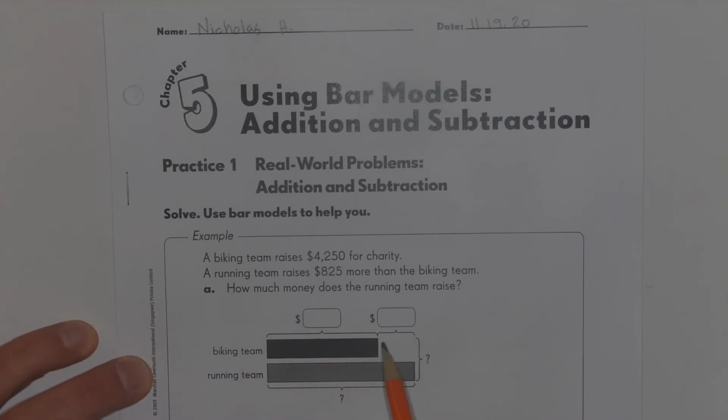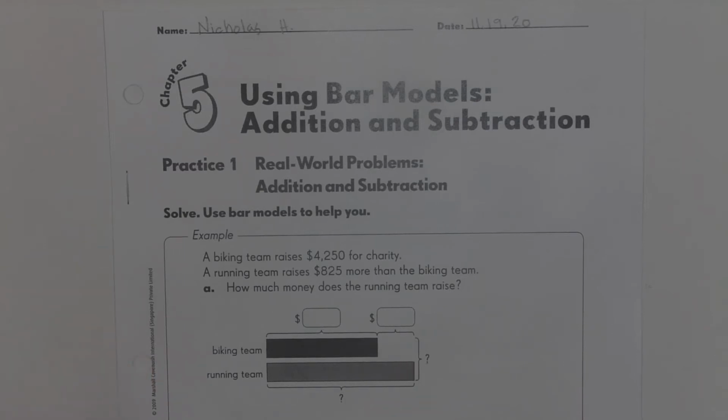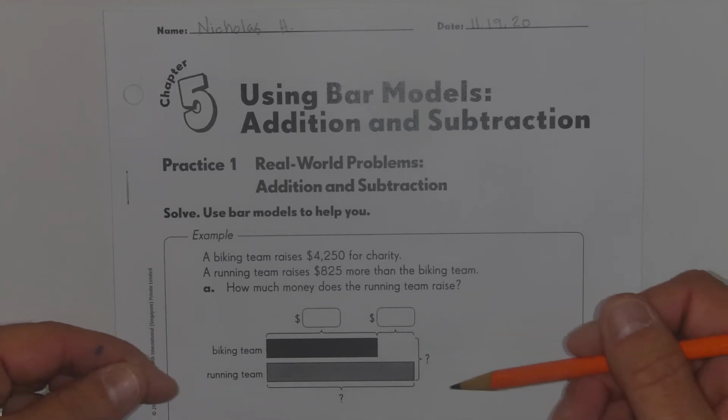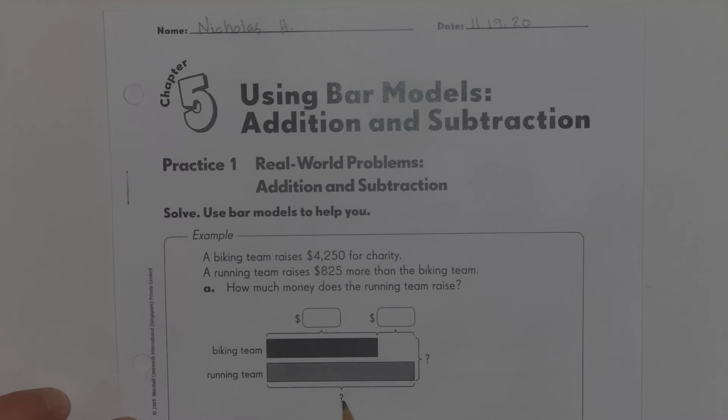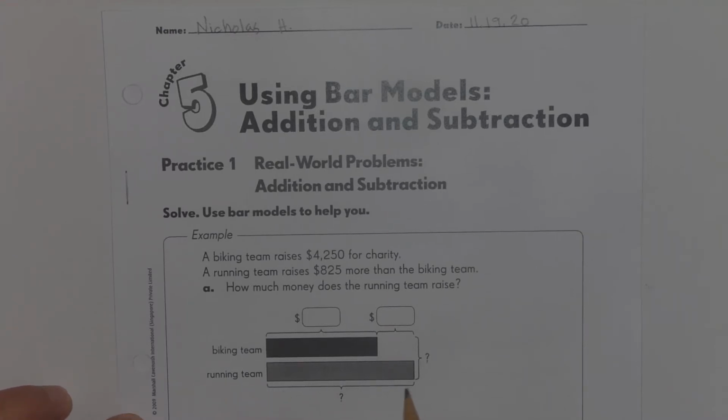And then this number is going to be the difference, or how much more the running team has than the biking team. I guess I cheated a little because I did know a little bit about the problem, but just by looking at the bars, I can tell you this. And then this question mark is how much money the running team has in total. So those are the things I can tell you before I even read it.